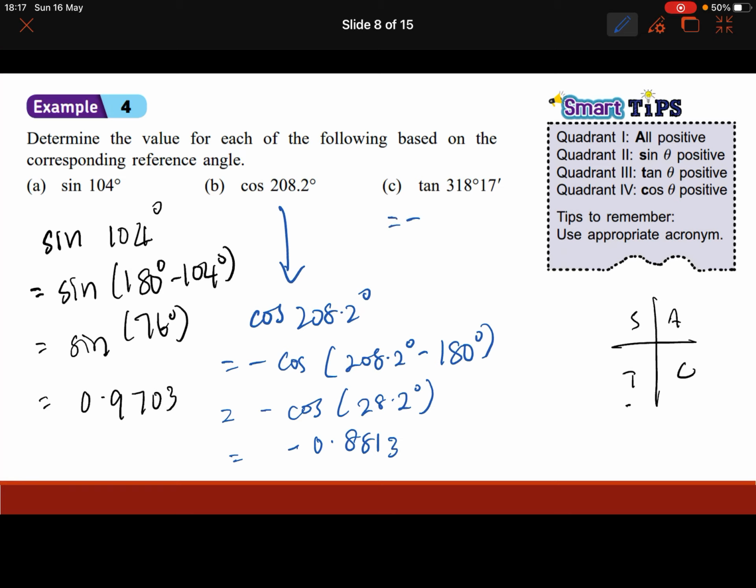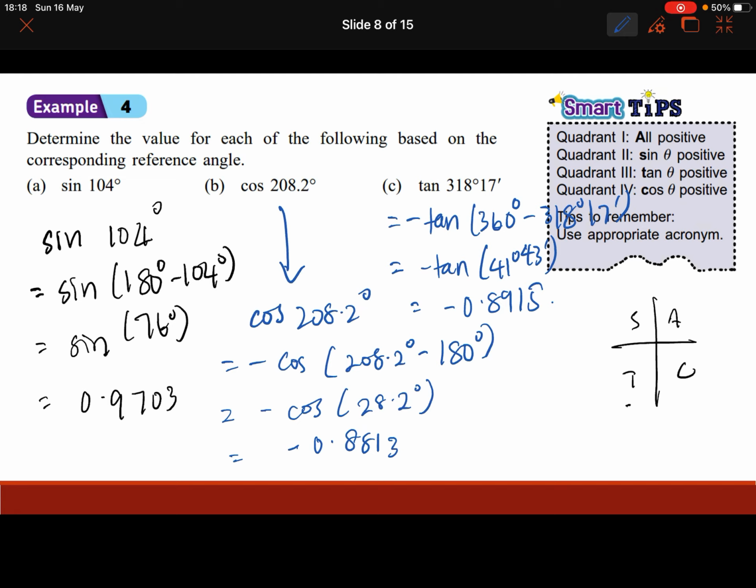And last one, tan in the fourth quadrant is still a negative. So equals to negative tan 360 minus 318.7. So negative tan 41 degree 43 minutes. So equals to negative tan 41 degree 43 minutes. Negative 0.8915.